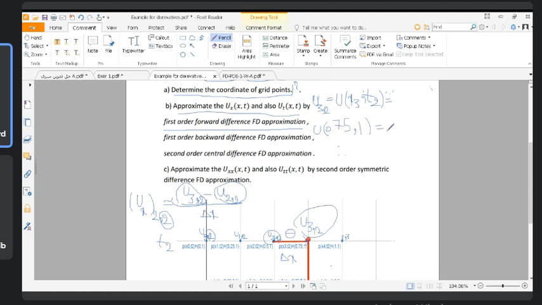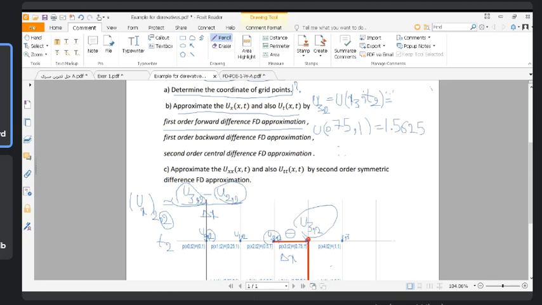Do you have the solution of this computing? 0.75 power 2 plus 1 is 1.5625. Okay? Are you here?